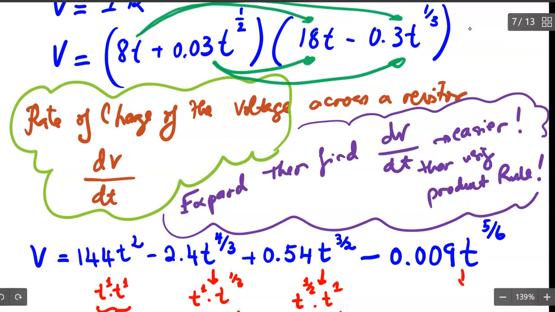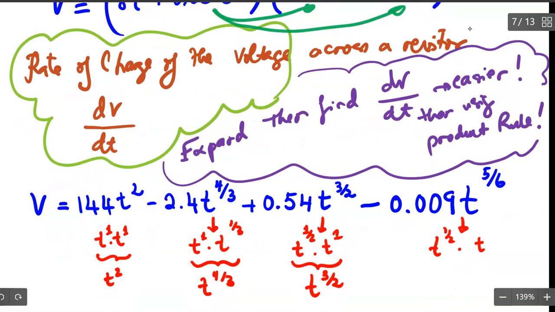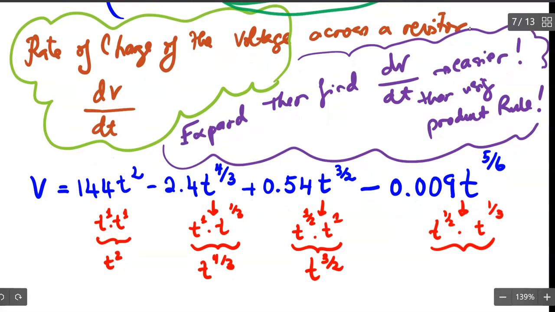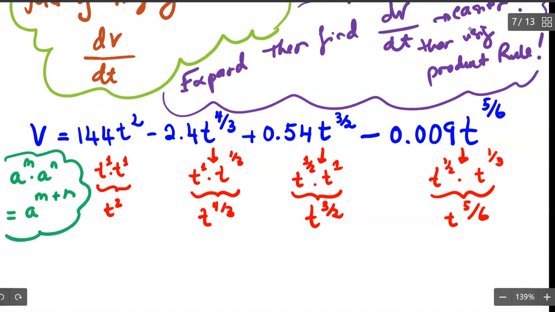So this one is t to the a half times t to the 1/3, which gives t to the exponent 5/6. Let's write that formula down here: a^m times a^n is a^(m+n). This is the reminder for everyone.